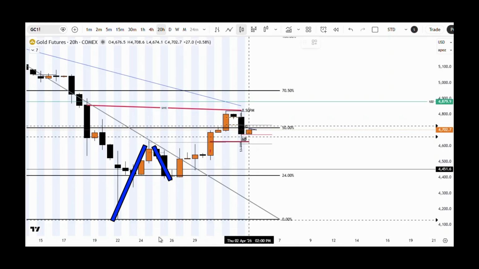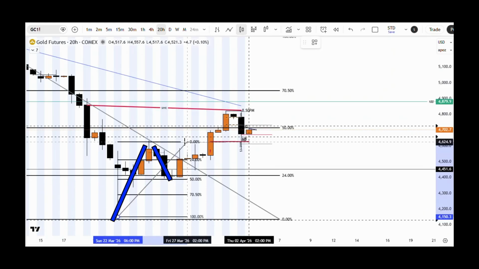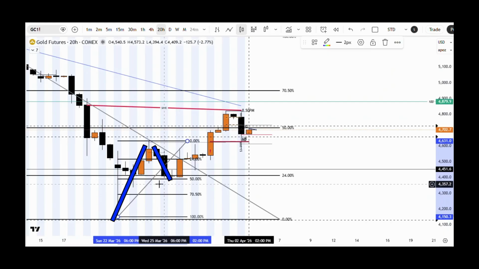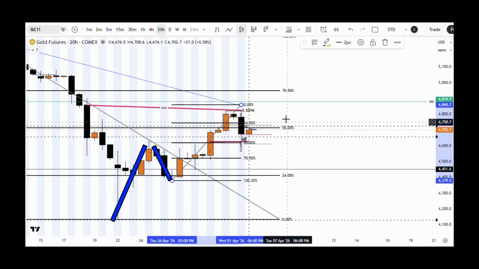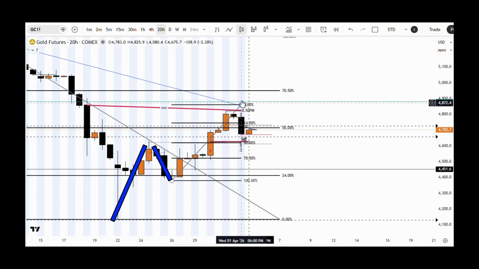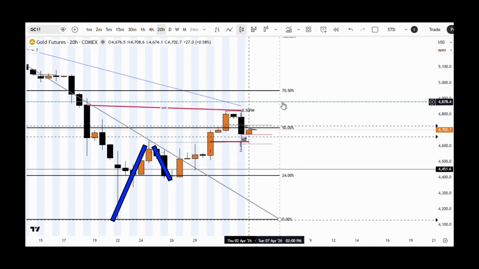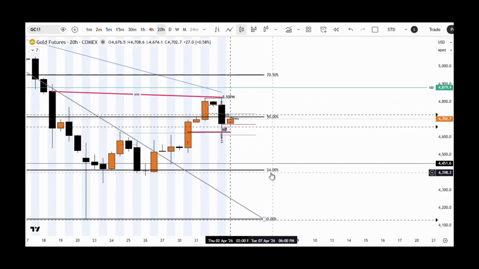If you look at that move, which ended at the 50, and then you target 100%, this is based on the same steps I just showed you. That 100% gets to this green line right here, which we never reached. That doesn't mean it can't be reached. I just mean we haven't reached it right now.